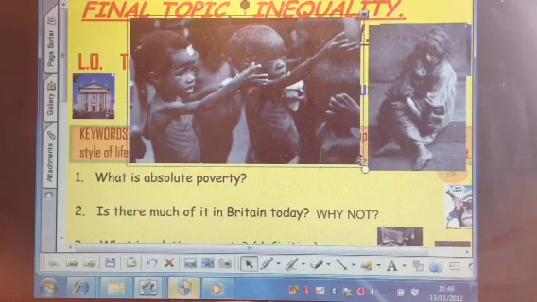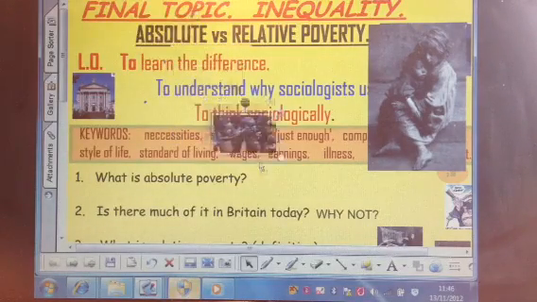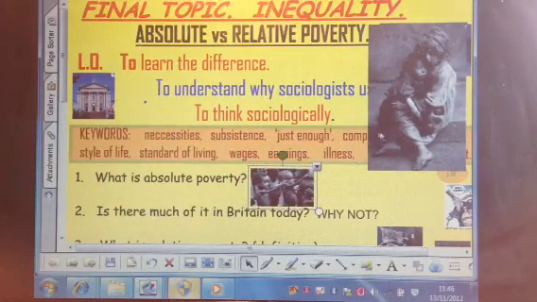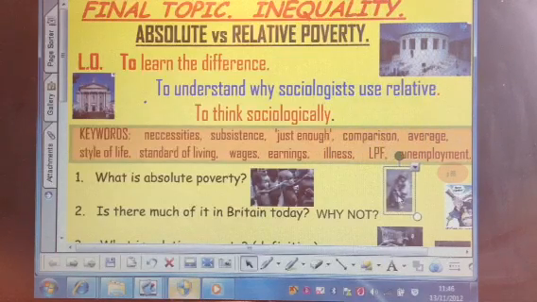They basically do not have enough of the necessities for everyday life. They do not have enough food, clothing, shelter. Or they perhaps have it at a subsistence level. They have just enough to maintain their life. That is absolute poverty.